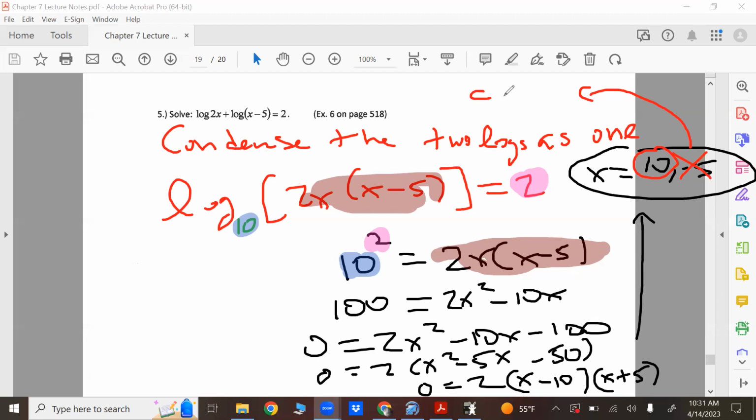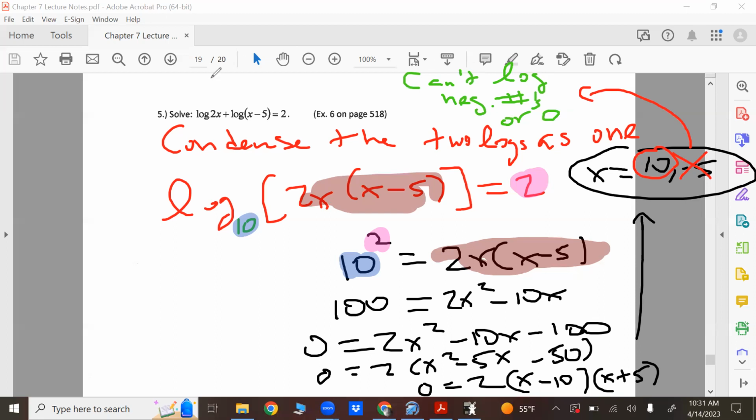You can't log. Hold on a second, let me change colors. You can only log positive numbers. Actually, I can't log negative numbers or 0. I'm glad you brought that up, Wiley.